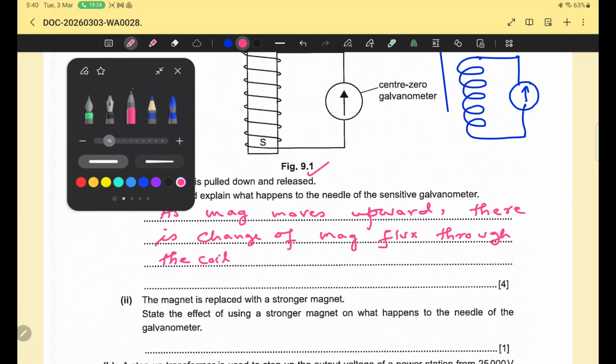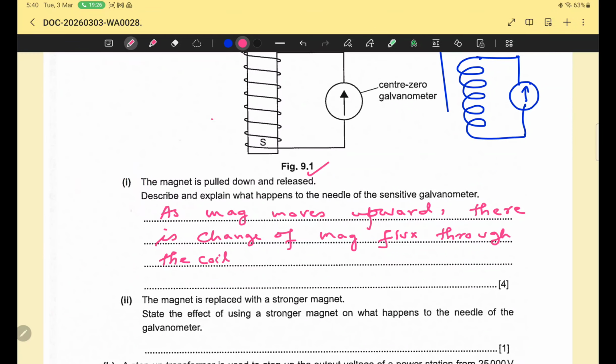Through the coil, there is a change of magnetic flux. And this change of magnetic flux produces induced current.